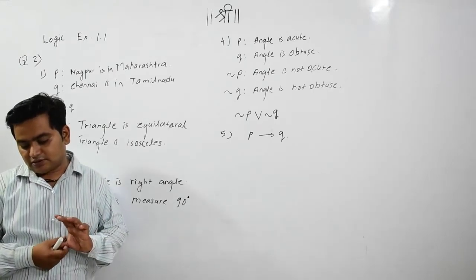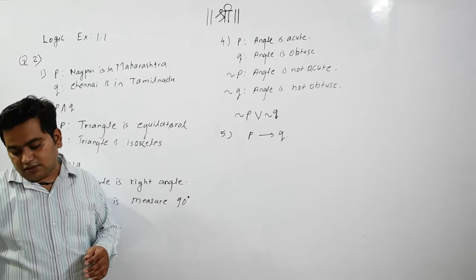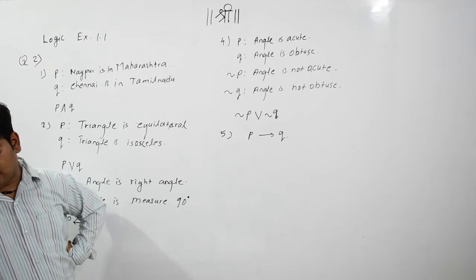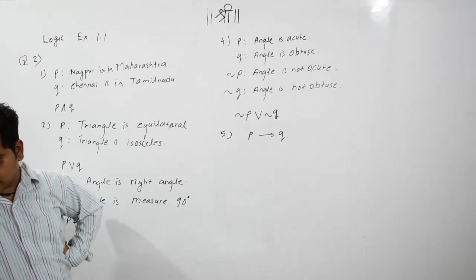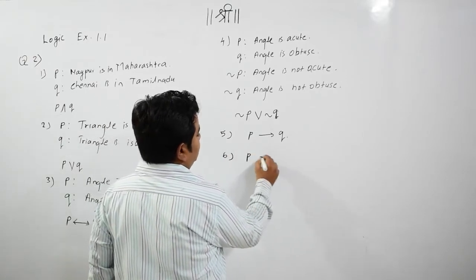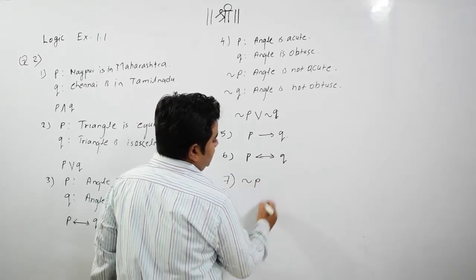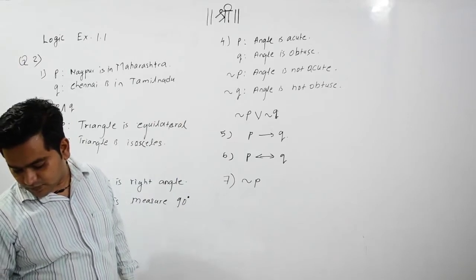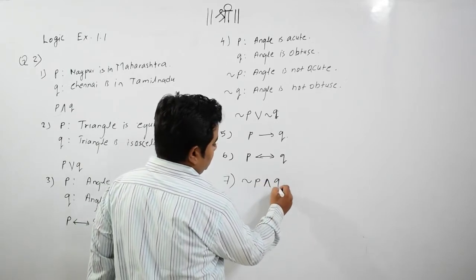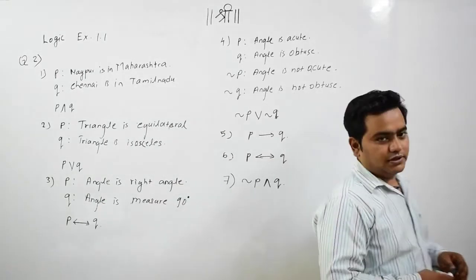And 7th, x is not a rational number but it is a square of an integer. So it has some interesting parameters. 6th one: P double implies Q, and 7th one is like this: negation of P and, given the square of this, it is an and with parameter Q. Okay, so let's solve these three on your own. I am just giving you a hint.